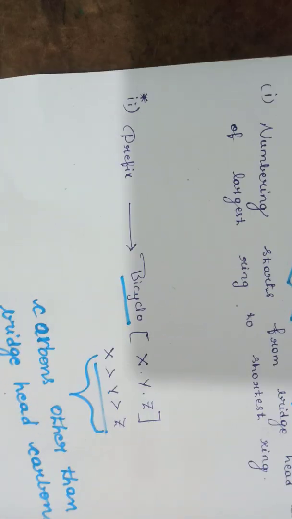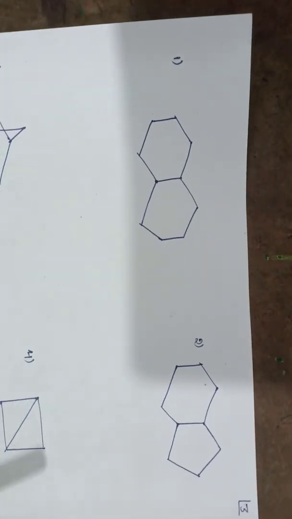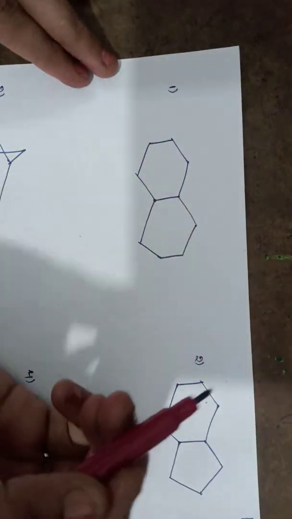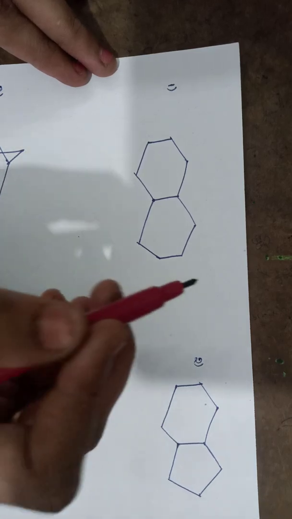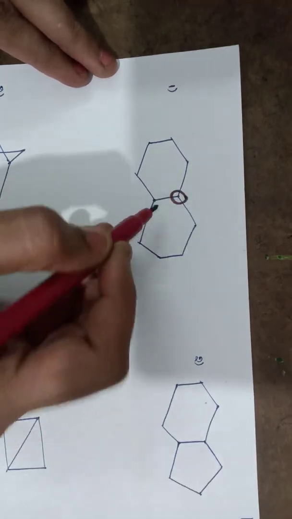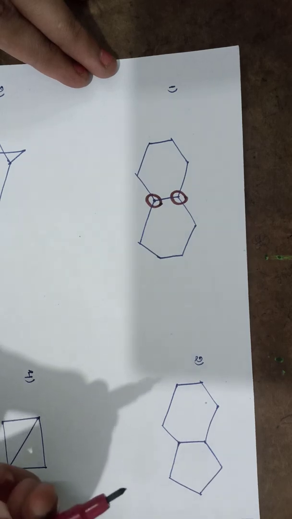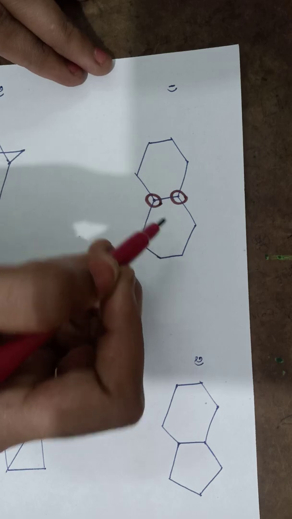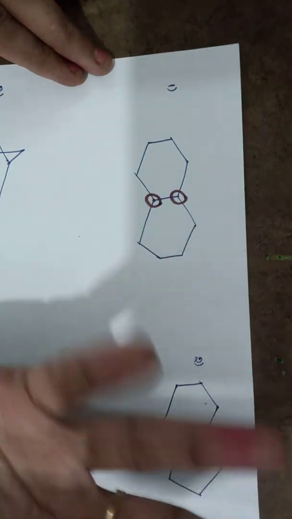Now I will give a few examples so that it is easy for you to identify. Here I have given the same example that I took before. Firstly, numbering has to start from the bridgehead carbons. These two are bridgehead carbons, right? As these two rings are of the same size, there is no difference and you can take either way.